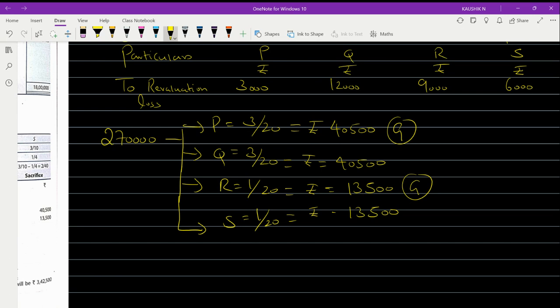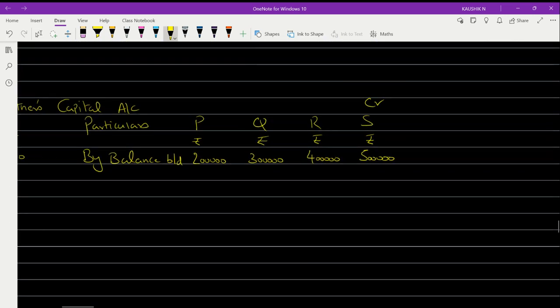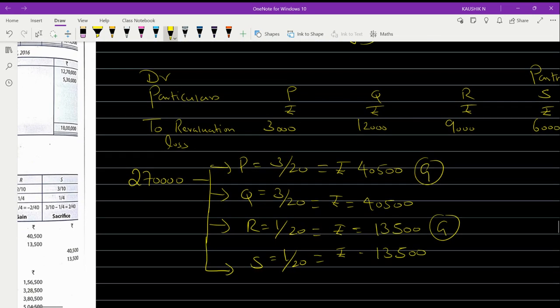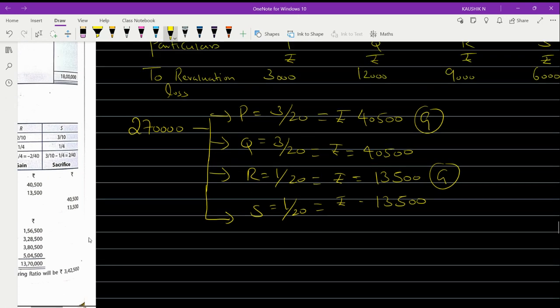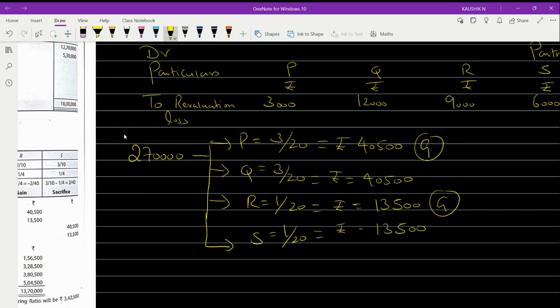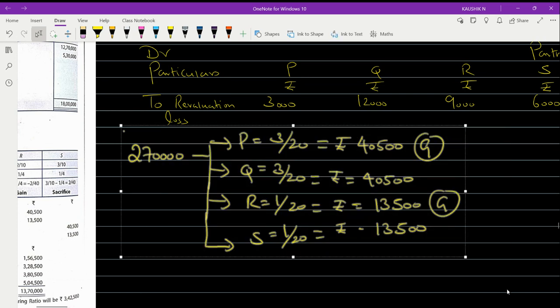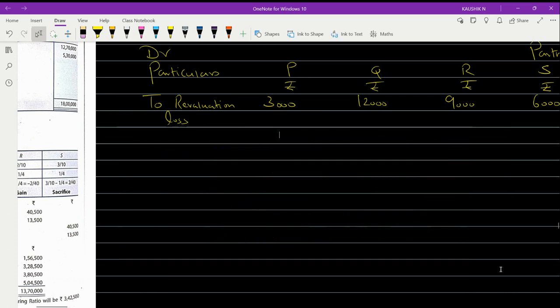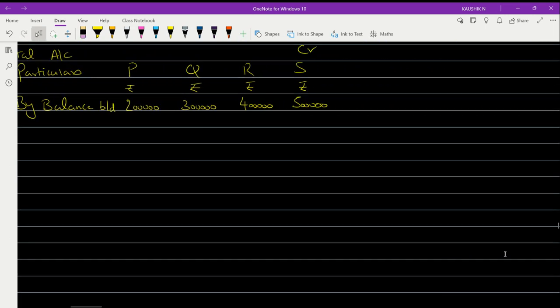So here, for the gaining partners P and R, capital is debited, whereas the sacrificing partners Q and S are being credited, right? So that means in the partners' capital account, which we are already maintaining, fine, I've already made it here. Just a minute. Let me take this working in the sidelines.